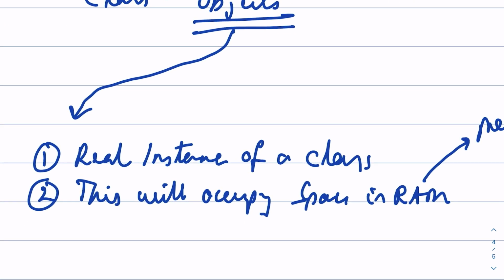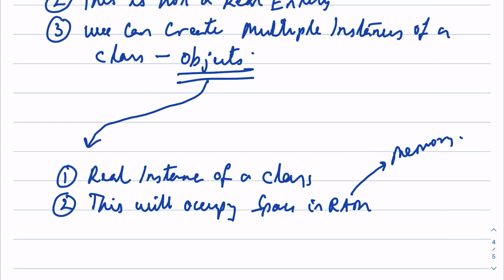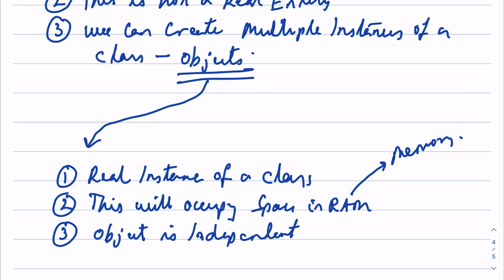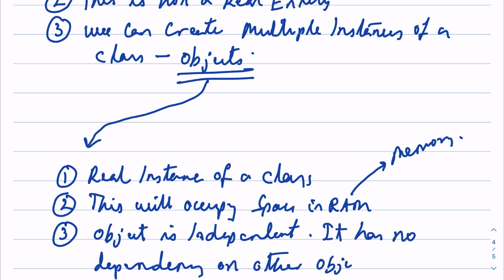The third and the most important point of an object is that an object is independent. It has no dependency on the other object of the same class.